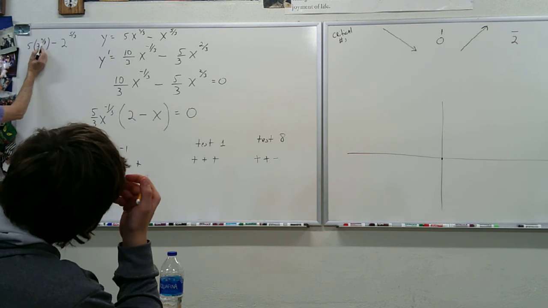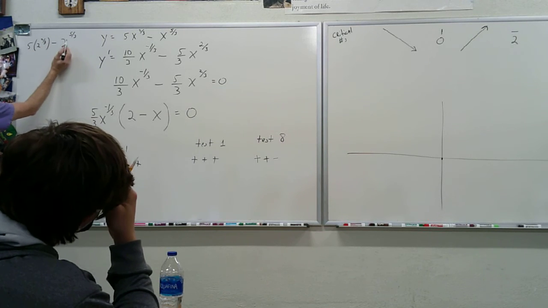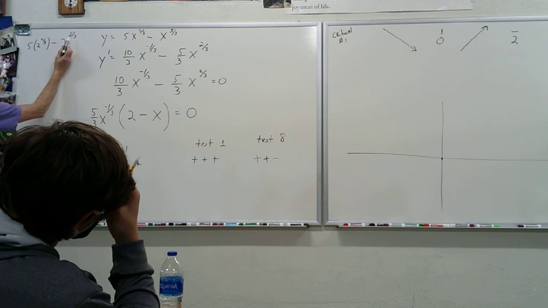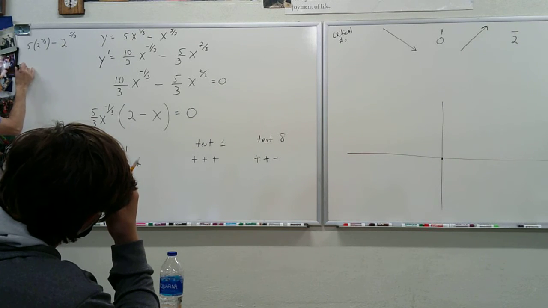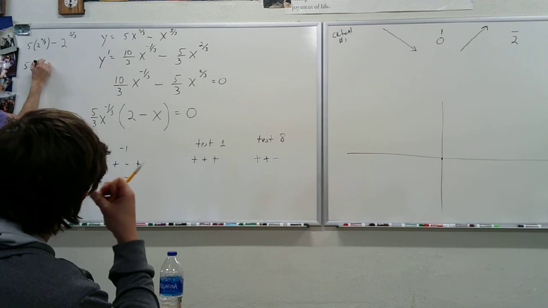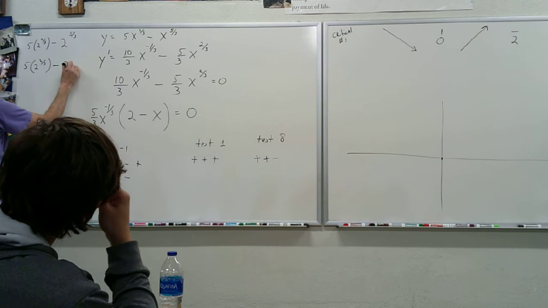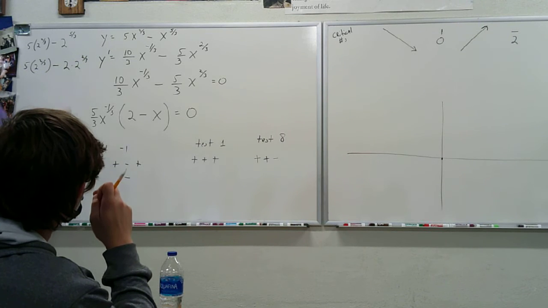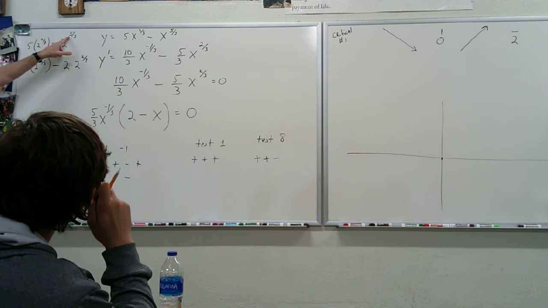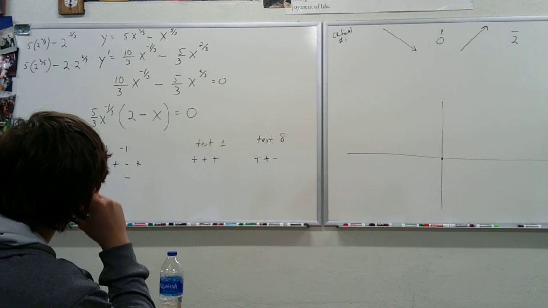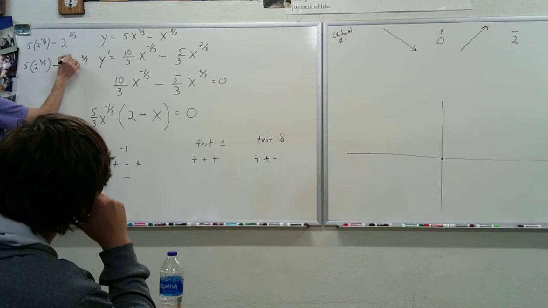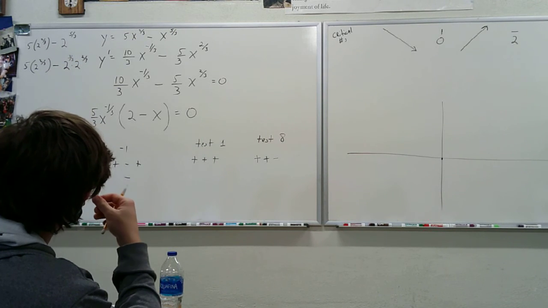That's 4 to the 1/3. I'm trying to think of anything you can do to make this prettier. You can make it 5, 2 to the 2/3 minus 2 times 2 to the 2/3. Because 2 to the 5/3 is 2 to the 3/3 times 2 to the 2/3, right?